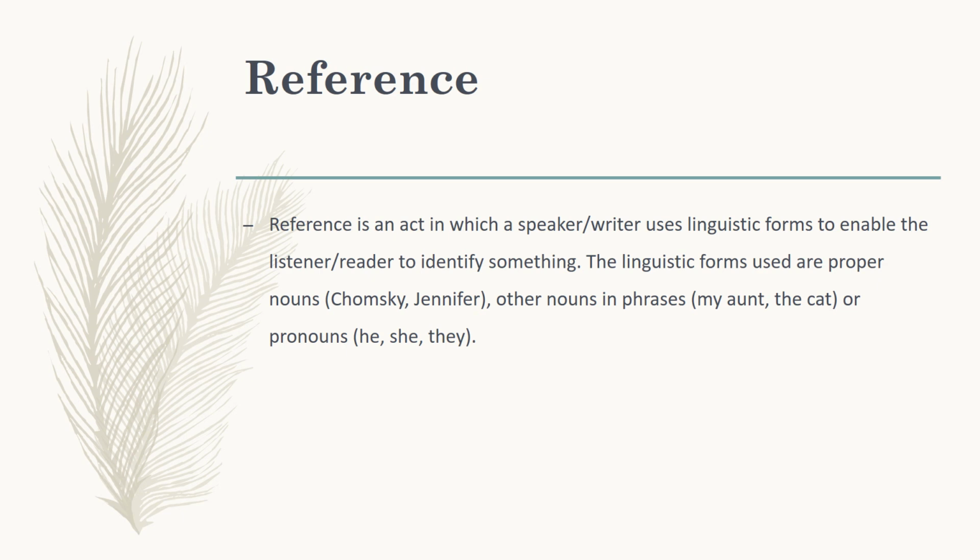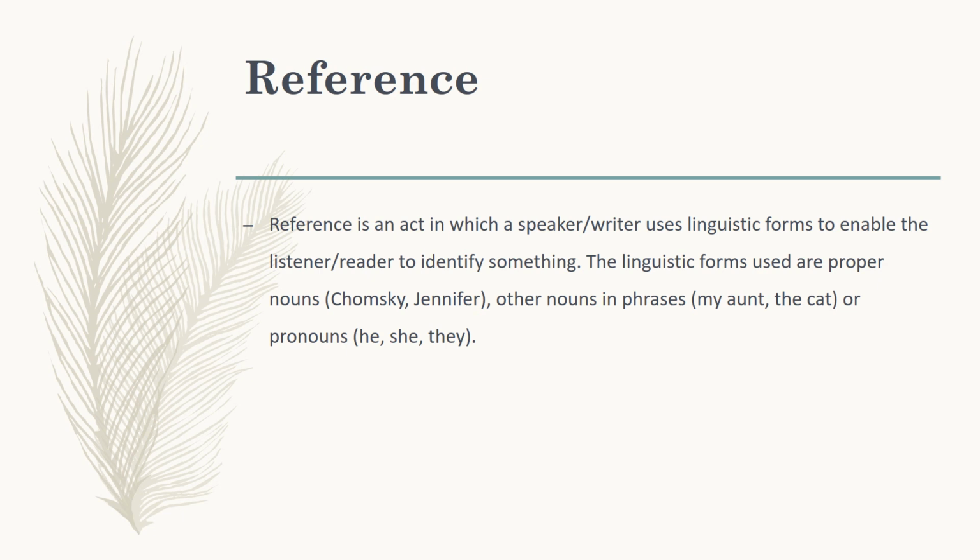Chomsky, for example, for a scientist, Jennifer for my sister, Jane for my friend, etc. Or I can use noun phrases like my aunt, the cat. I can use pronouns like he and she, etc.